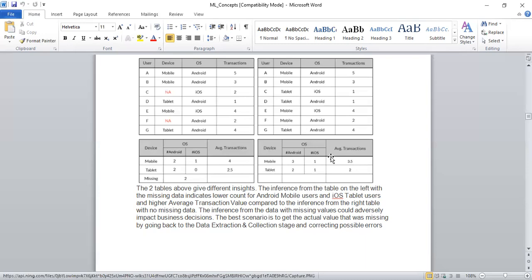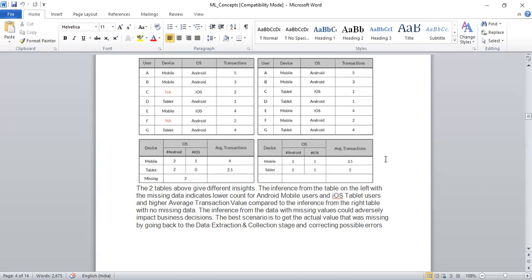And now look at this tablet part. Okay, for the tablet Android, that is how much? Tablet Android 1. Okay, and this is 4. So 4 plus 1, and there is a tablet iOS that is 1. So 4 plus 1 plus 1, 6.